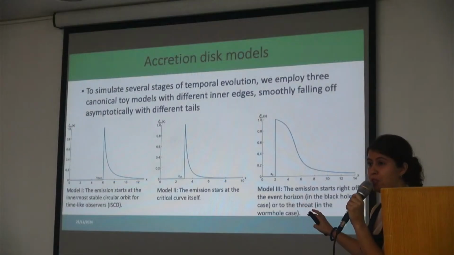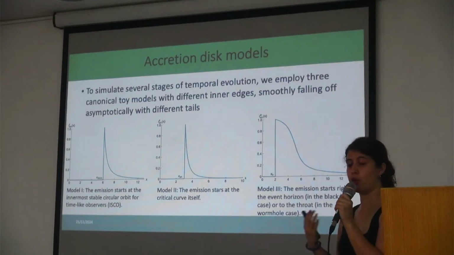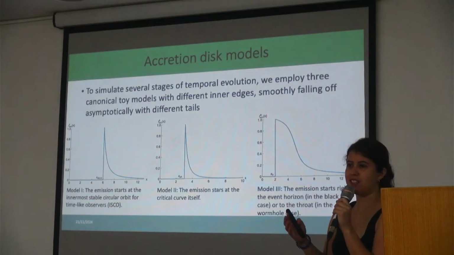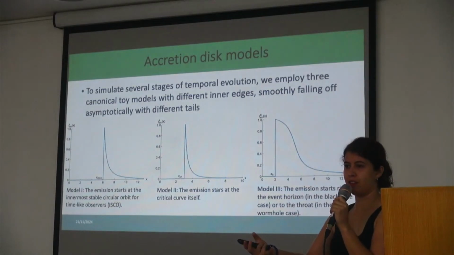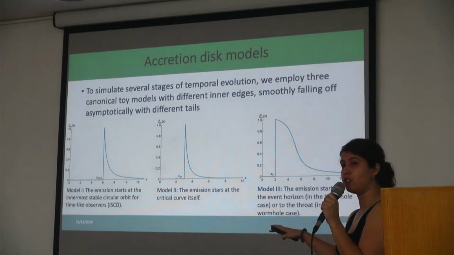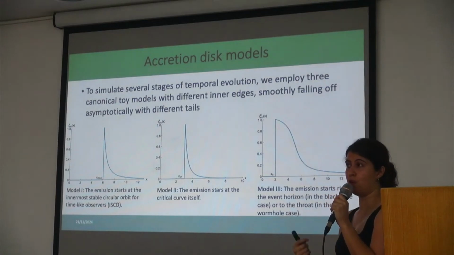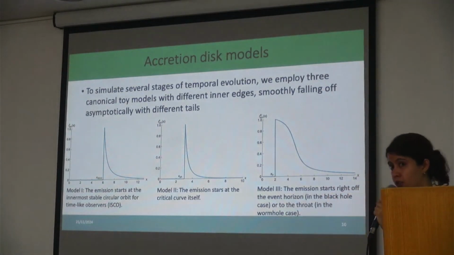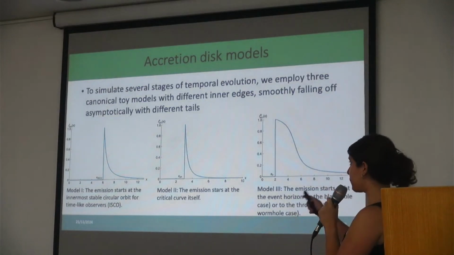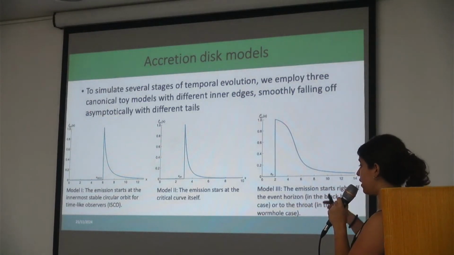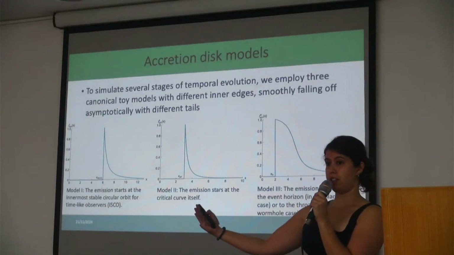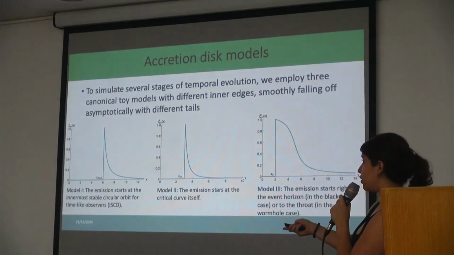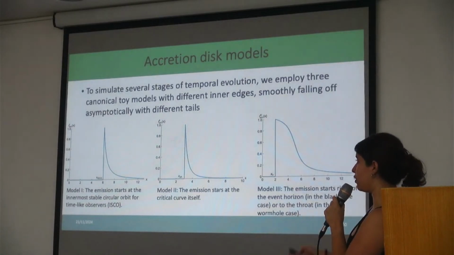So even though it helps us to understand which is the ring pattern that we're going to see, they are quite fake in the sense that it's not really physically based on the accretion disk. Later on, they published another one that is more based on the physics of the accretion disk, but in these cases, it's not. It makes sense in the sense that in the three models, the peak of intensity is at the inner edge, where it should be hotter in a way, so it emits more. And then we assume that it decays smoothly with different types of tails.